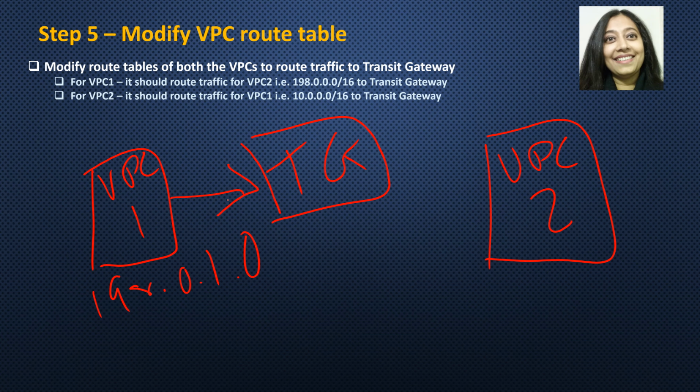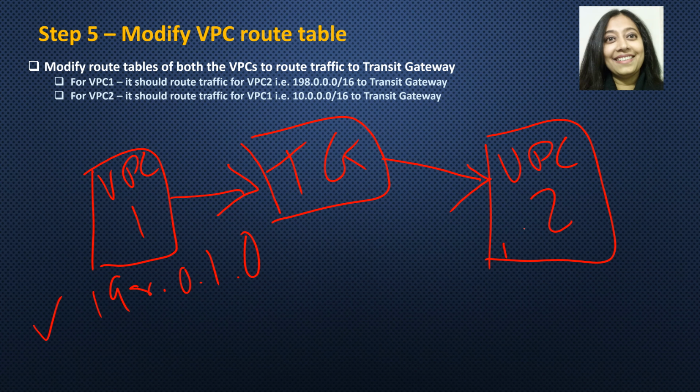Remember, the transit gateway acts as the cloud router, and it should be the one to decide where this request should go. So in our case, this request should be further propagated to VPC2 so that it can fulfill that request, because VPC2 knows what this IP address is.